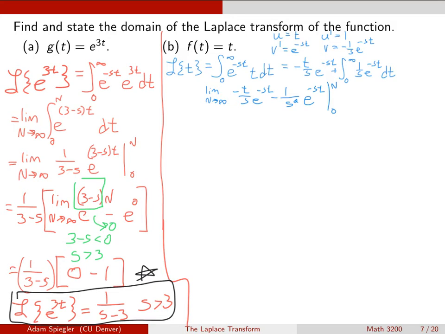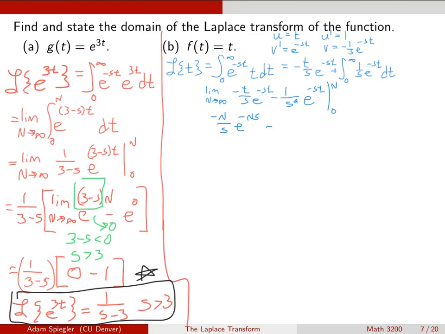So when we plug in our upper limit, which is n in place of t, I'm going to get minus n over s e to the minus n times s.